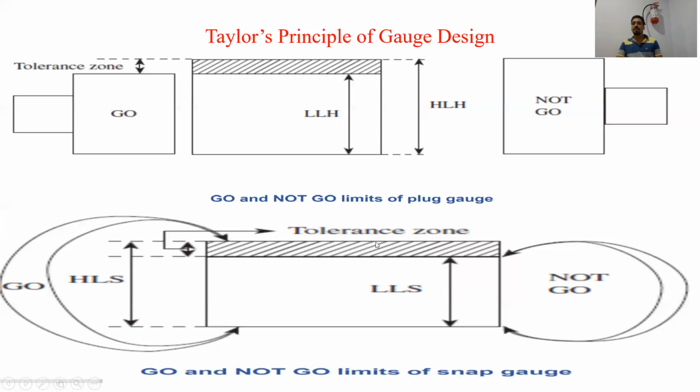When the shaft is designed above the upper limit of the shaft, then we have extra material that we can remove and bring that shaft into its limits, between the upper limit and the lower limit. In that case, the shaft falls under the category of rework. So this is how we can do the rejection, rework, and acceptance in the case of hole and shaft with the help of limit gauges.